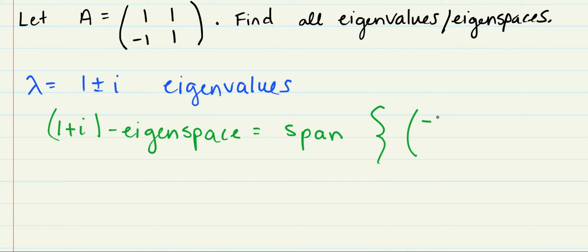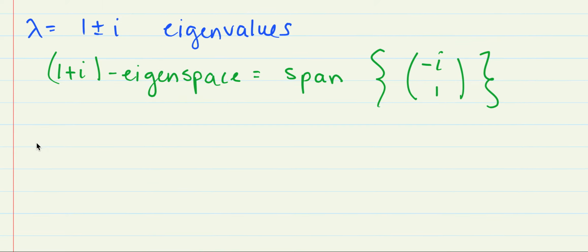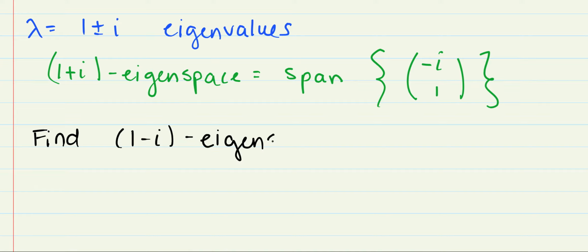It was negative i, 1. Okay, great. Let's find the eigenspace for 1 minus i. So that's what we're going to do. We're going to find the 1 minus i eigenspace, and it's going to be very similar to what we just did.